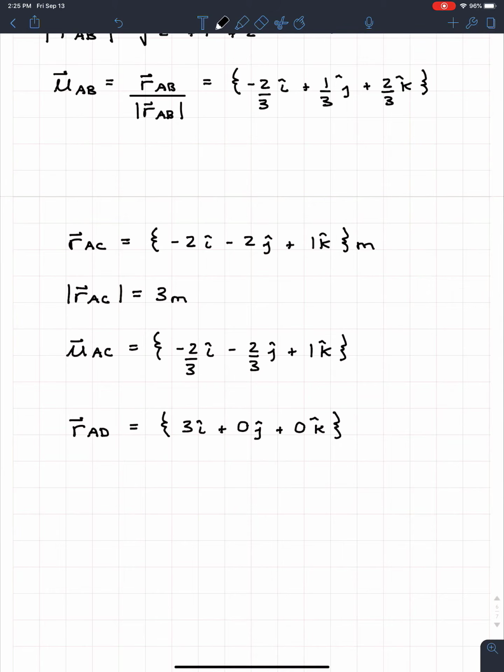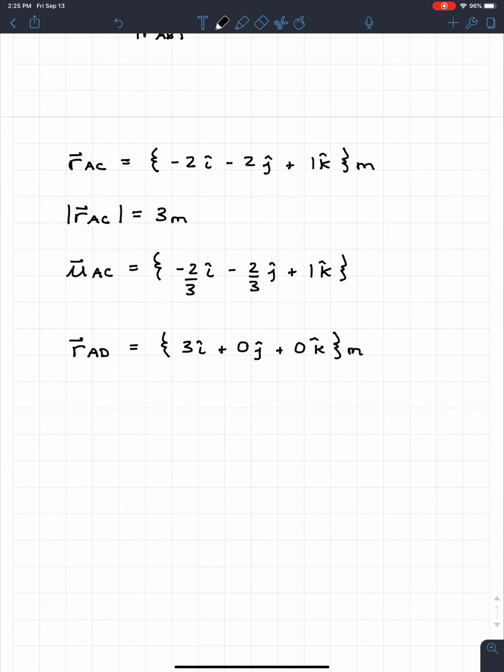That's in meters. Now, we know that the magnitude of RAD is going to be equal to the square root of 3 squared, which is equal to just 3 meters. Because we're just squaring it and then square rooting it, we get the same.